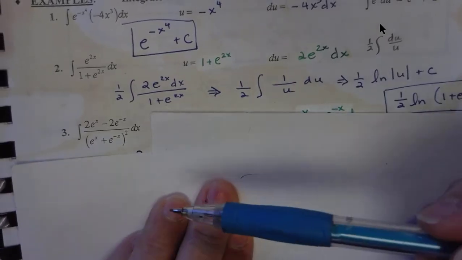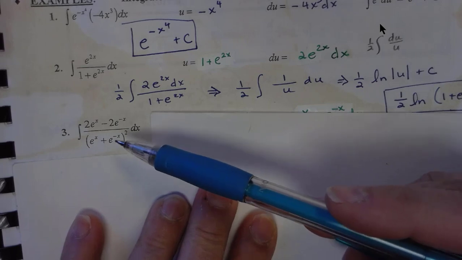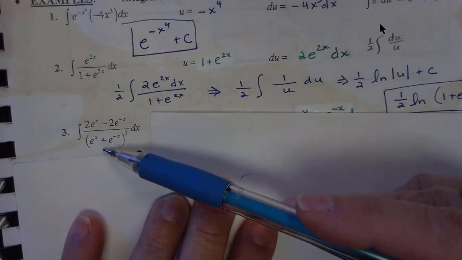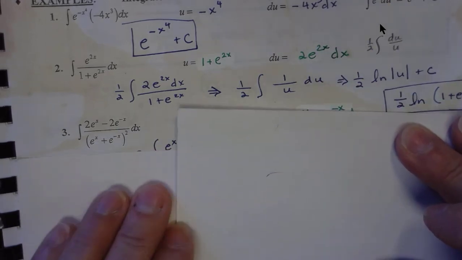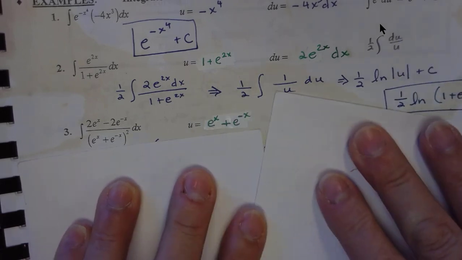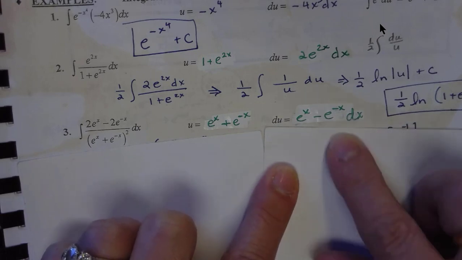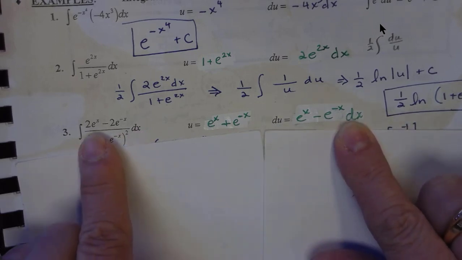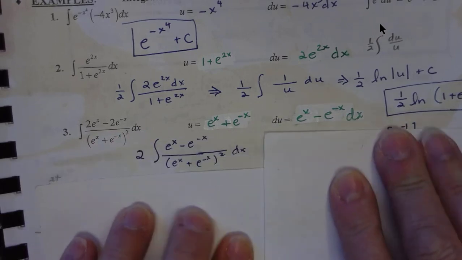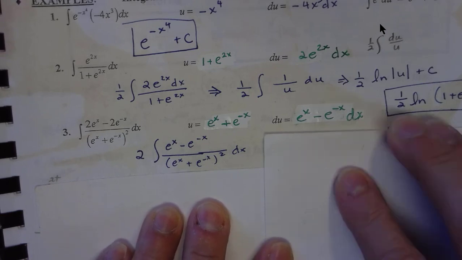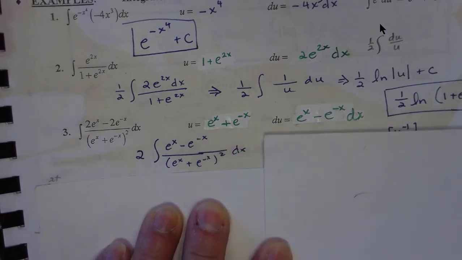Let's get a little more complicated. I still think I'm going to make my u this e to the x plus e to the negative x. So my du is e to the x minus e to the negative x dx. I have that if I factor the 2 out, so I'm going to just factor the 2 out. And notice I have du.